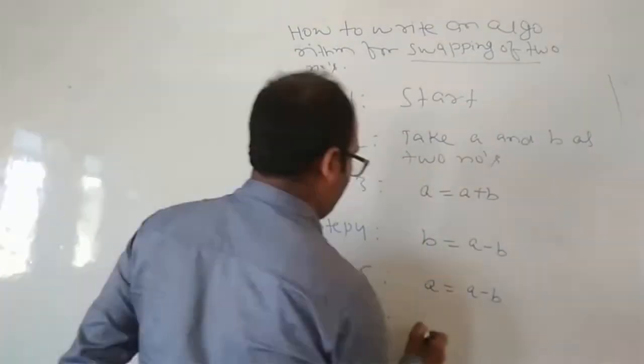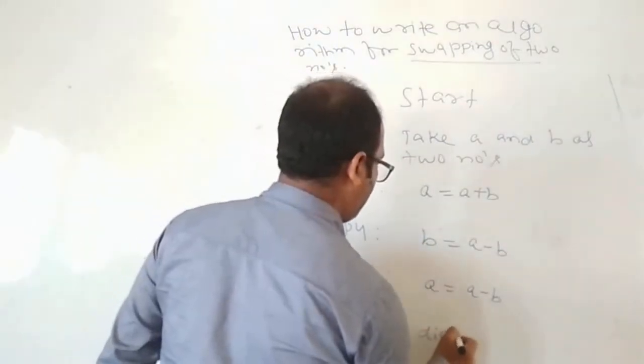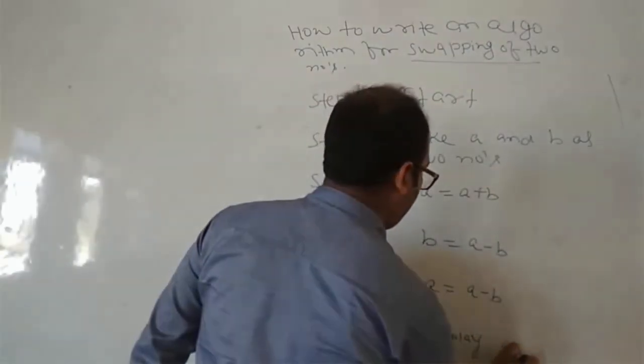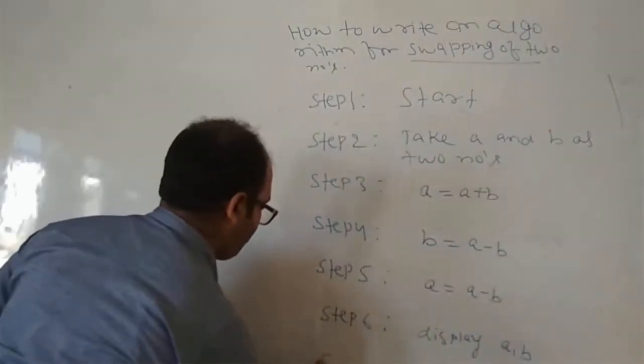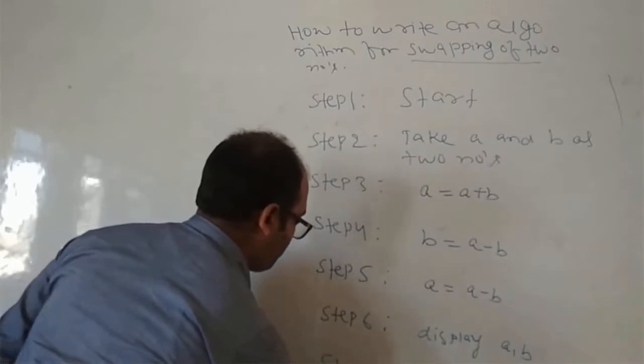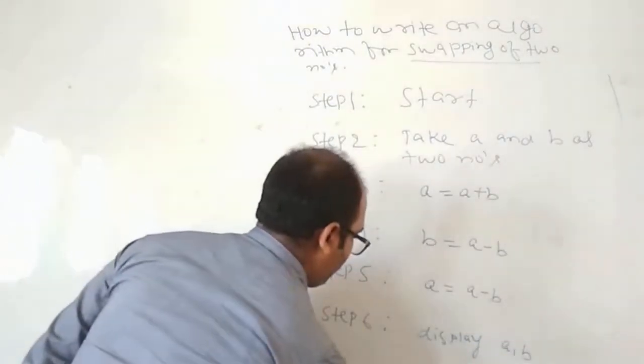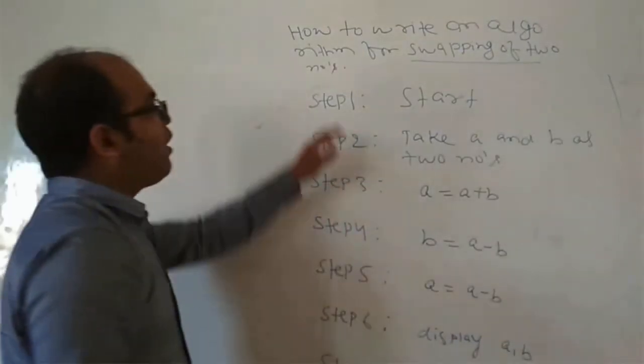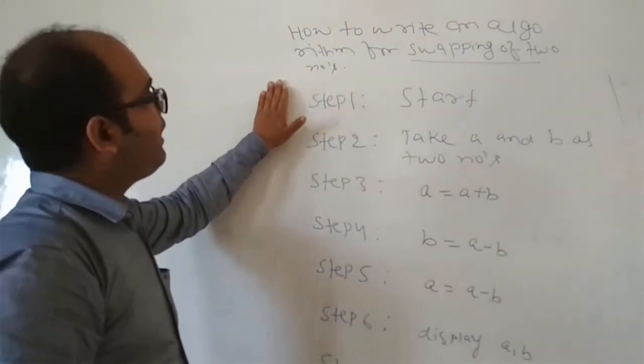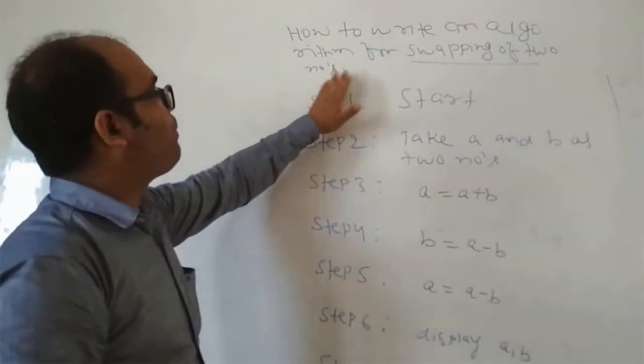After that we will display A comma B. After that stop or end. Now this one is the algorithm for swapping of two numbers.